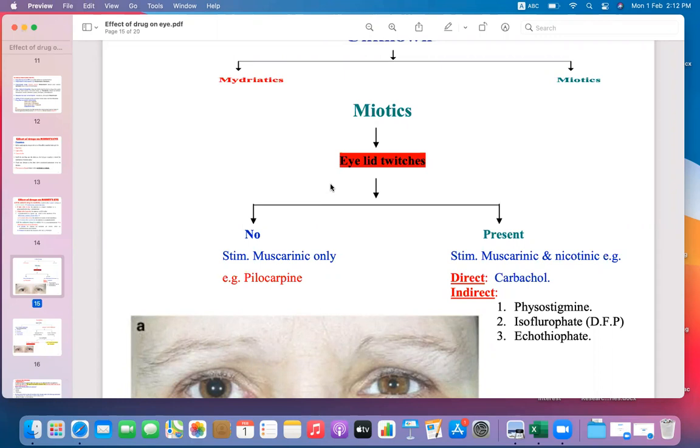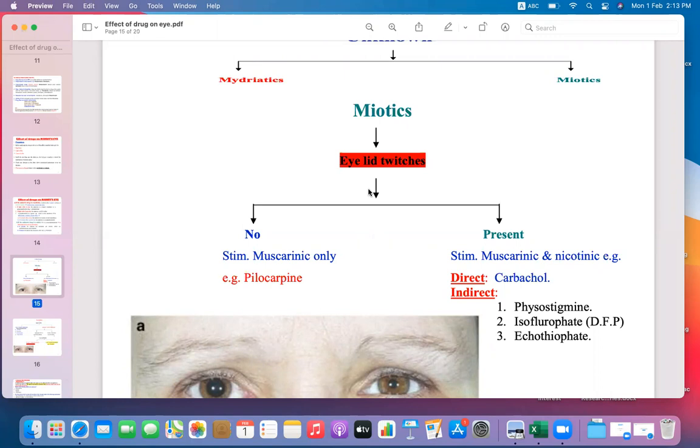Both drugs produce meiosis because they act on the M3 muscarinic receptor. But how can you differentiate between them? Check for eyelid twitches.